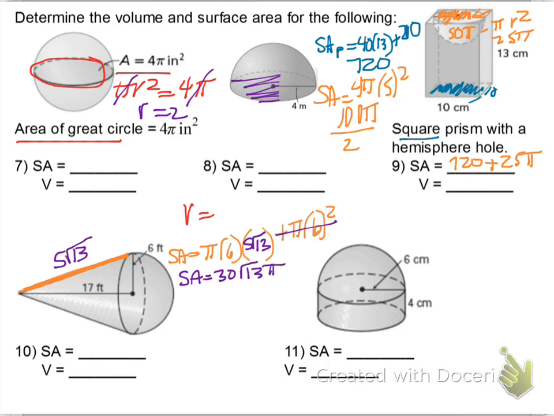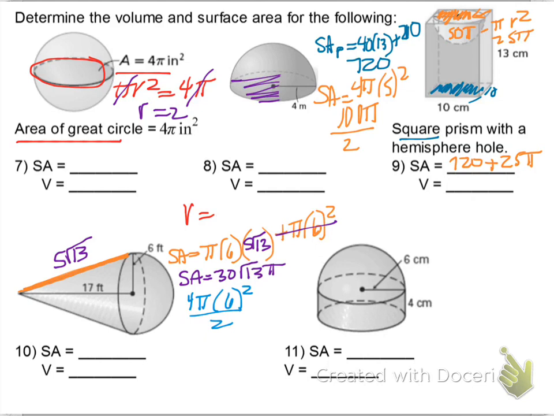Okay, so now we come down here to this hemisphere, and notice this is a hemisphere where the circle part is not exposed. Okay, and so this hemisphere, I will just do 4 pi r squared and I'll cut it in half.